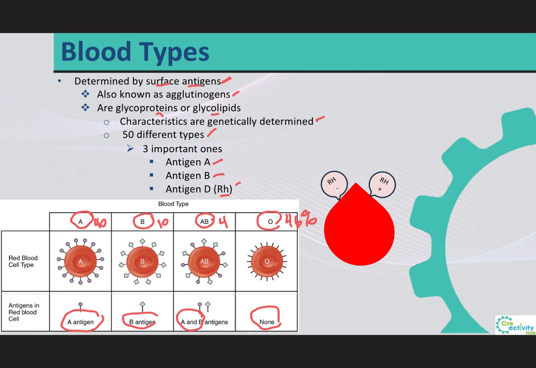Now, the presence of the D or RH antigen, sometimes also called the RH factor, is going to be indicated by the terms RH positive, as we see over here, or RH negative. This means that if they have the RH antigen, it is said that they are RH positive.